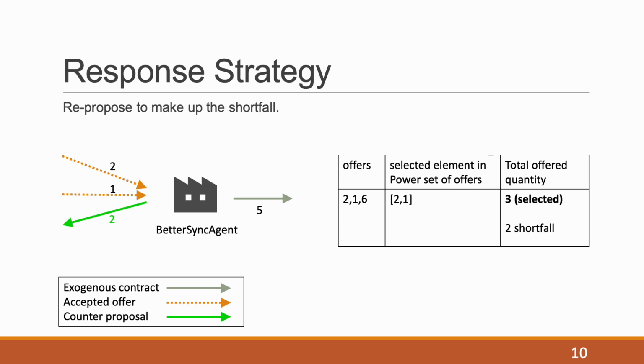For those who rejected offers, my agent makes a counter-proposal equal to the shortfall. In this example, 2 units are missing, so 2 units are ordered. This counter-proposal is repeated until the offered quantity matches the needs.